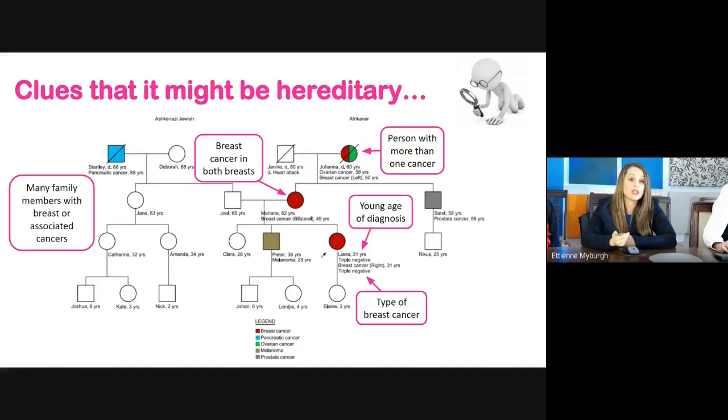They also link prostate cancer in men, for instance, and pancreatic cancer. And then the last one is that we look at the ancestry of the person. If the person is of Ashkenazi Jewish ancestry or Afrikaner ancestry, then we're also a little bit more worried, because we know that BRCA1 and BRCA2 variants are quite common in those population groups.